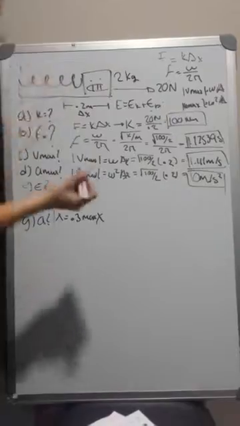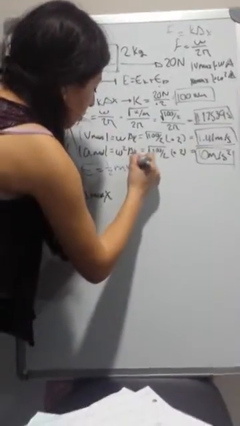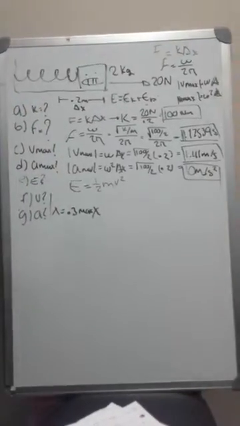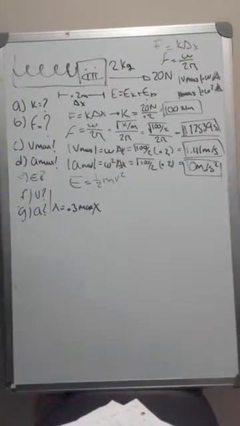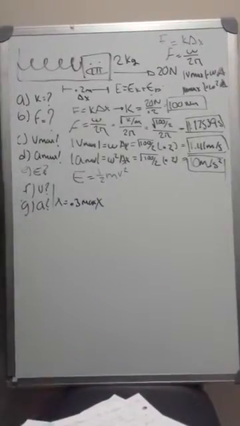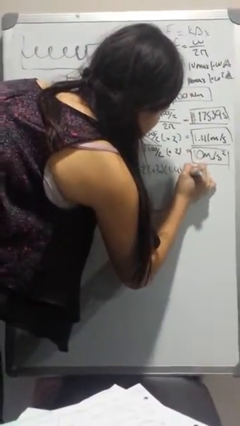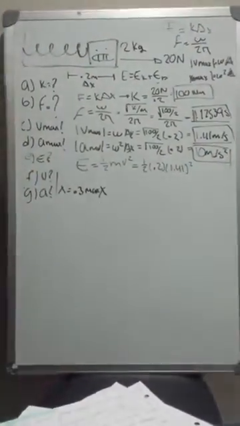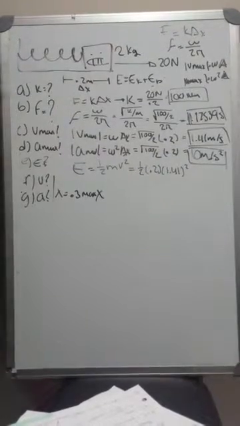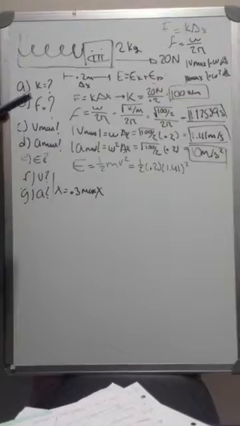Kinetic energy is 1/2 mass times velocity squared. So we have the velocity, we have everything, so we can solve for that.